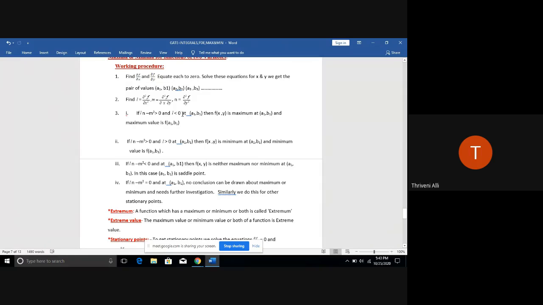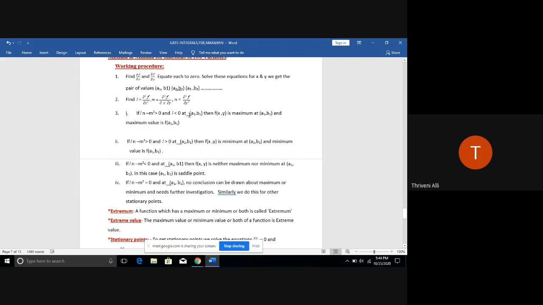See, the main difference is that the maximum condition is LN minus M square greater than 0 and L less than 0, whereas the minimum condition is LN minus M square greater than 0 and L also greater than 0. Okay, so this is the main difference.